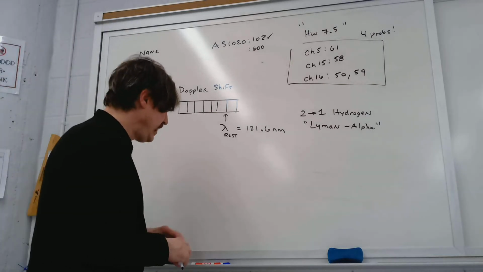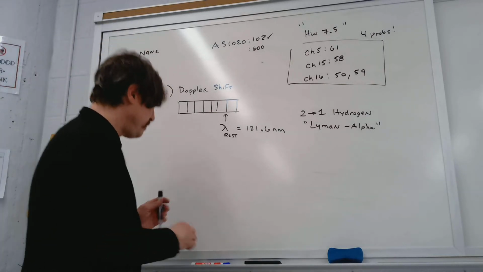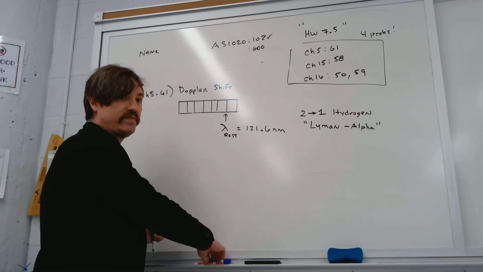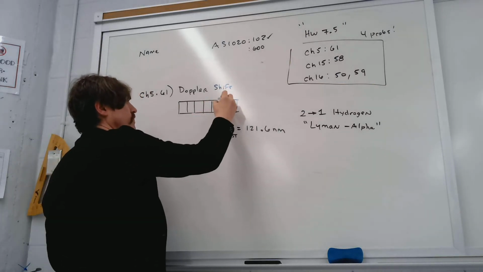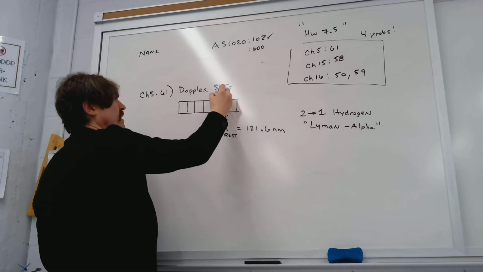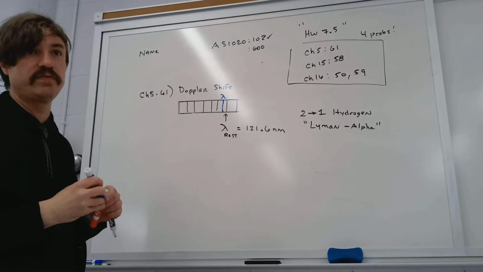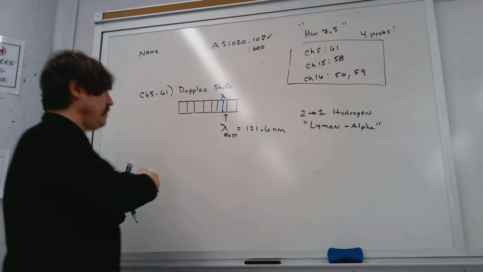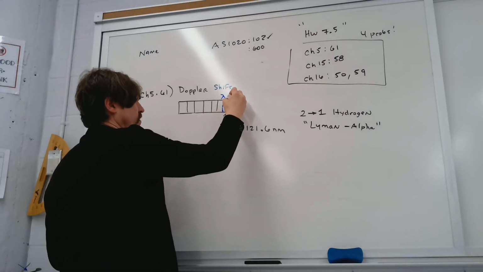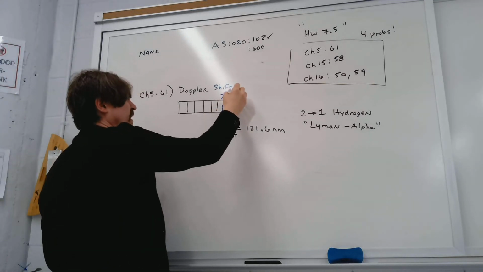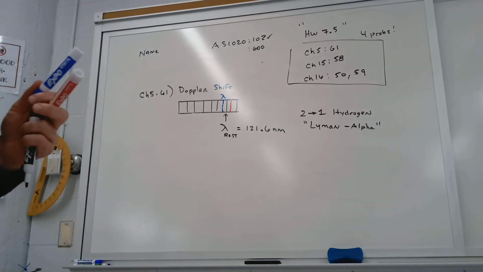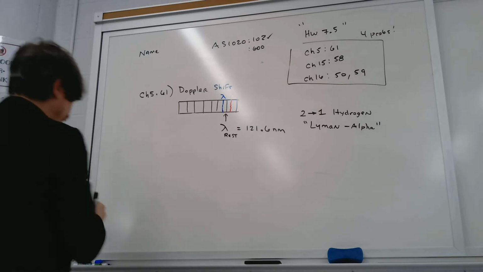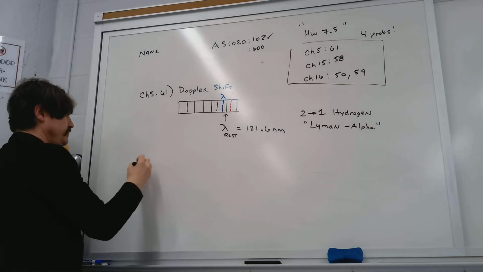However, it's possible for us to measure small changes in wavelength, either towards the blue end of the spectrum, and this would be called a blue shift in the observed wavelength, or a small change in the wavelength at longer wavelengths, and that would be called a red shift. These changes in wavelength are due to the Doppler effect.